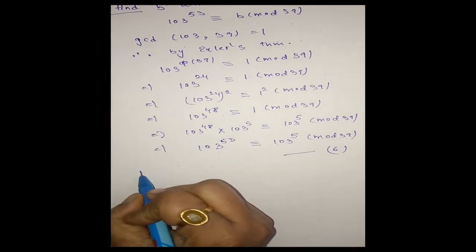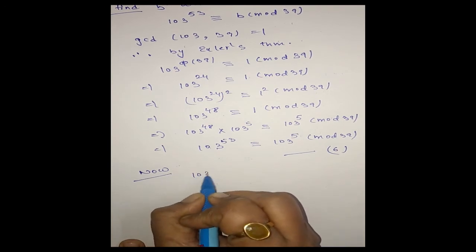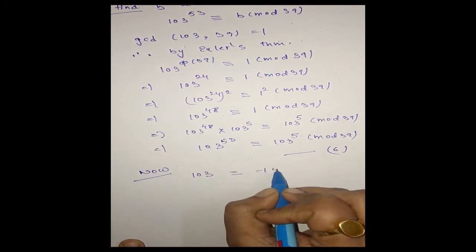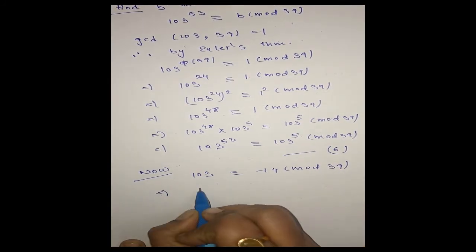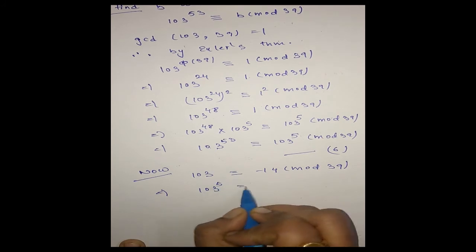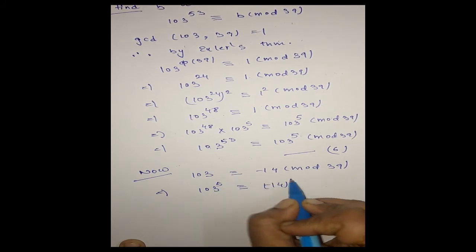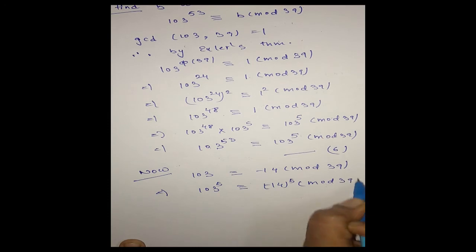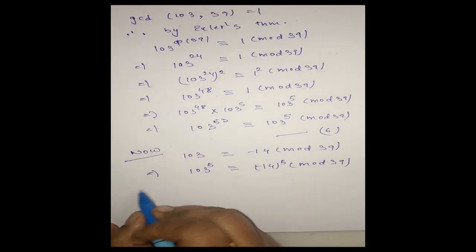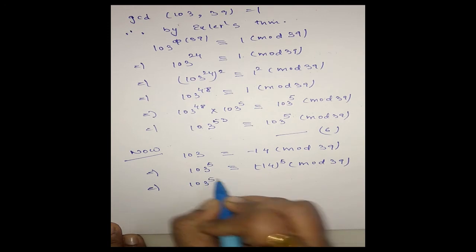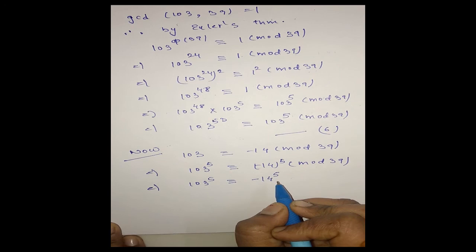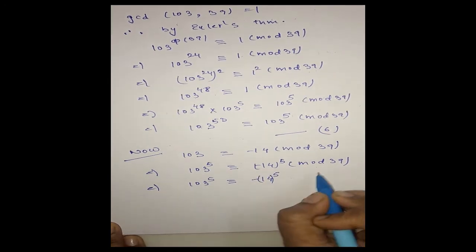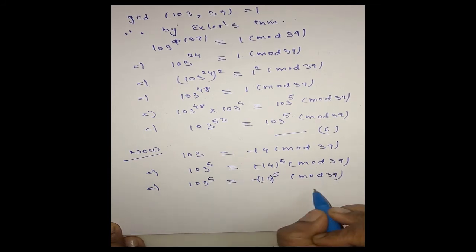Now 103 is congruent to minus 14 modulo 39. We have this congruence relation also. This gives us 103 power 5 is congruent to minus 14 power 5 modulo 39. Since 5 is an odd number, we have a negative sign here also. I can write like this, taking minus sign outside, modulo 39. Clear?